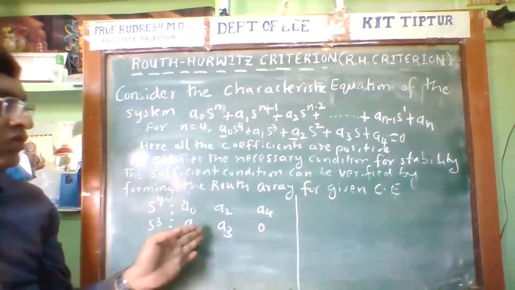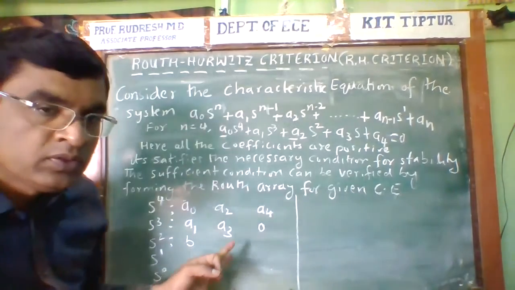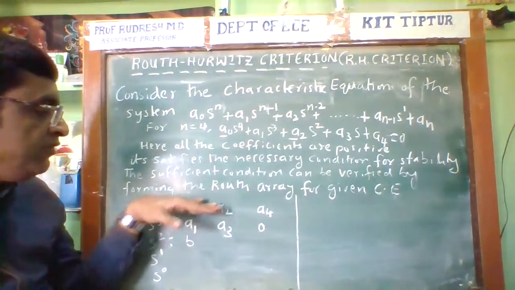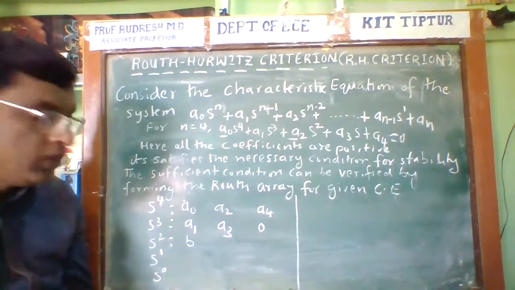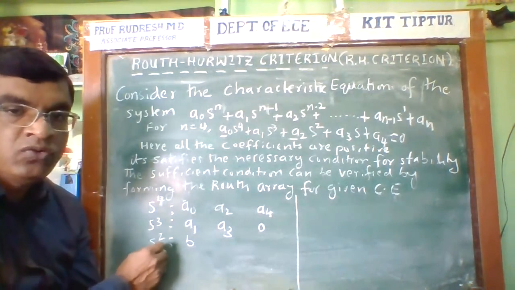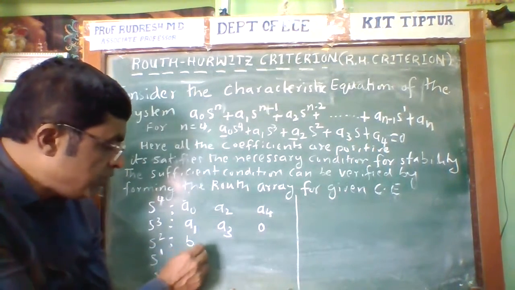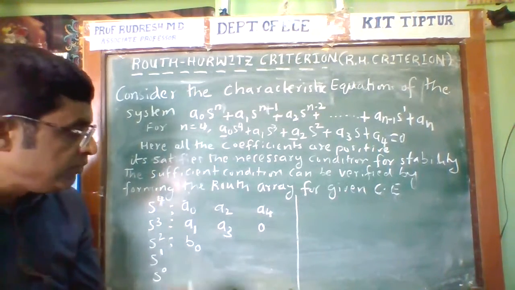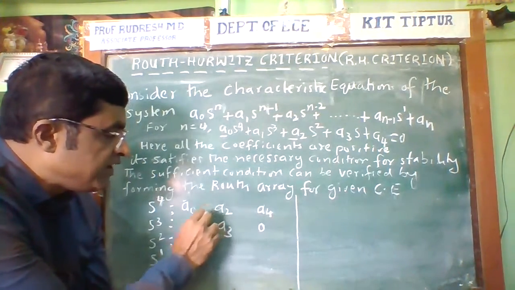The first row and second row can be formed by utilizing the coefficients of the characteristic equation. Now how to form the next row? The next row element is b0, which can be found by utilizing the elements of the previous two rows.